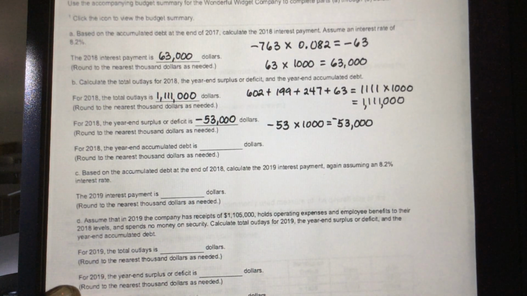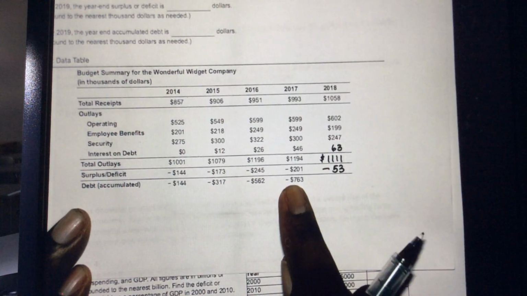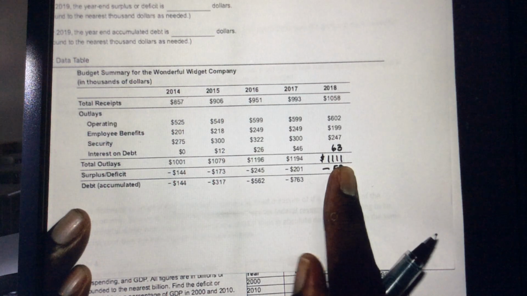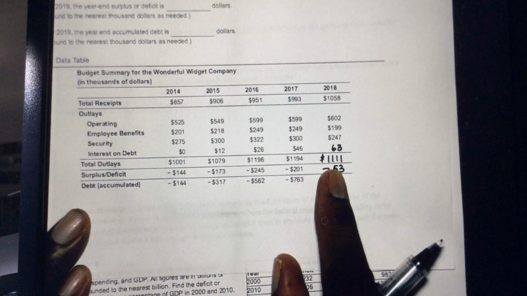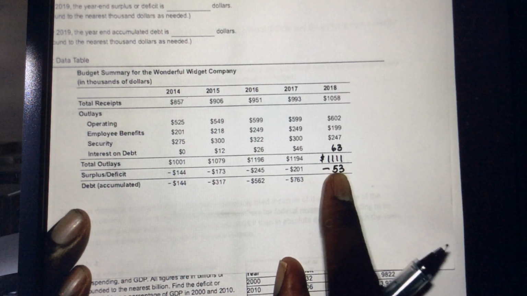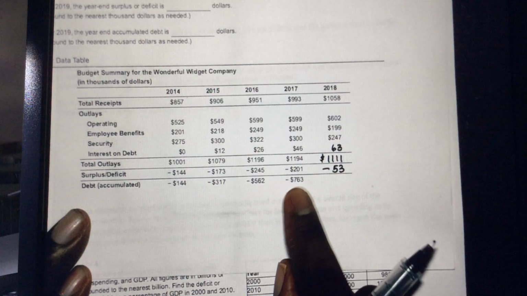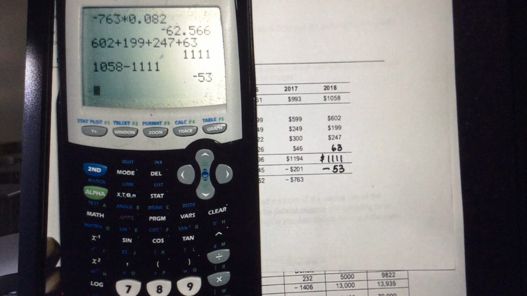Okay. And then the year-end accumulated debt. Okay, let's see how we can do this one. Here we're going to have to add these two together because this is the accumulated debt from 2017. To find the accumulated debt of 2018, we subtract our deficit here from the negative 763, or we can add those two negative amounts together, like negative 763 plus negative 53.